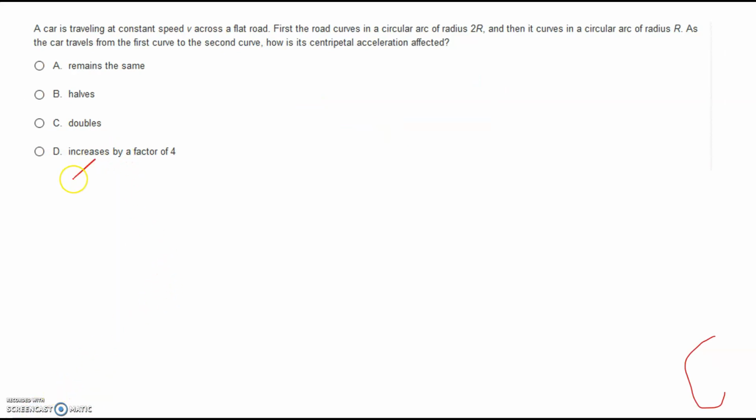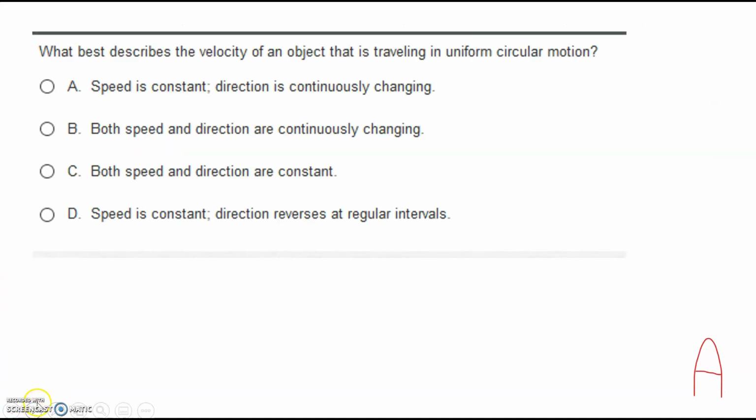This is the same as the last one. So I got the answer for this one on lesson 5.1, the guided practice, page 15 of 34. It says, what best describes the velocity of an object that is traveling in uniform circular motion?